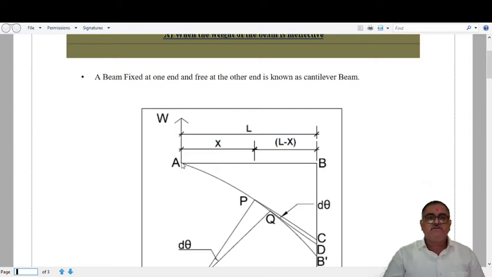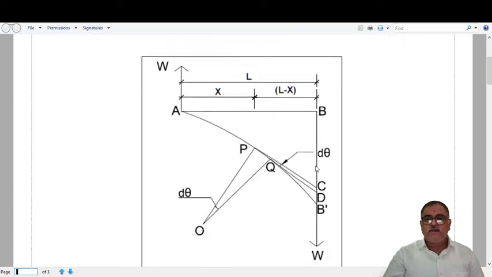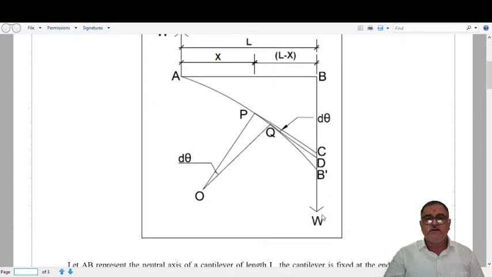See, this AB cantilever has a length L, and this end A is fixed, whereas at the end B we are loading the weight W, due to which there is a depression, and due to that depression the point B goes to B dash.